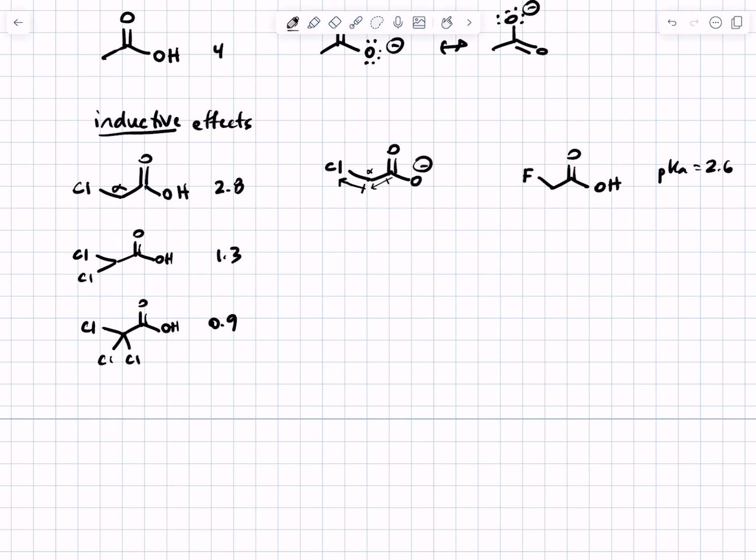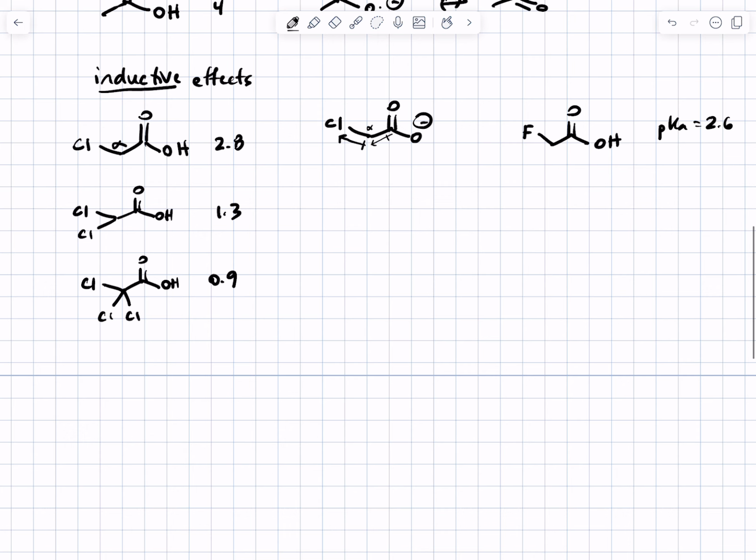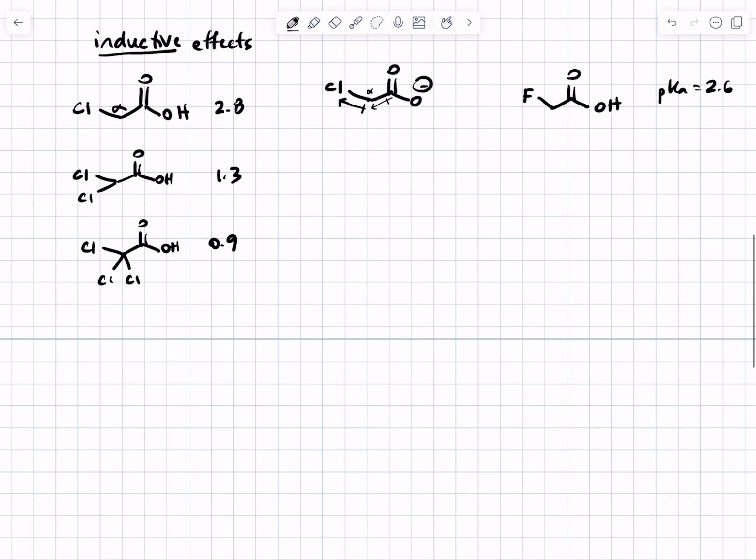I'll point out that these inductive effects are highly local, and so you might expect that the further you move the chloro away, the less difference it makes. So we'll just compare briefly, we'll compare the following series of 4 carbon carboxylic acids.